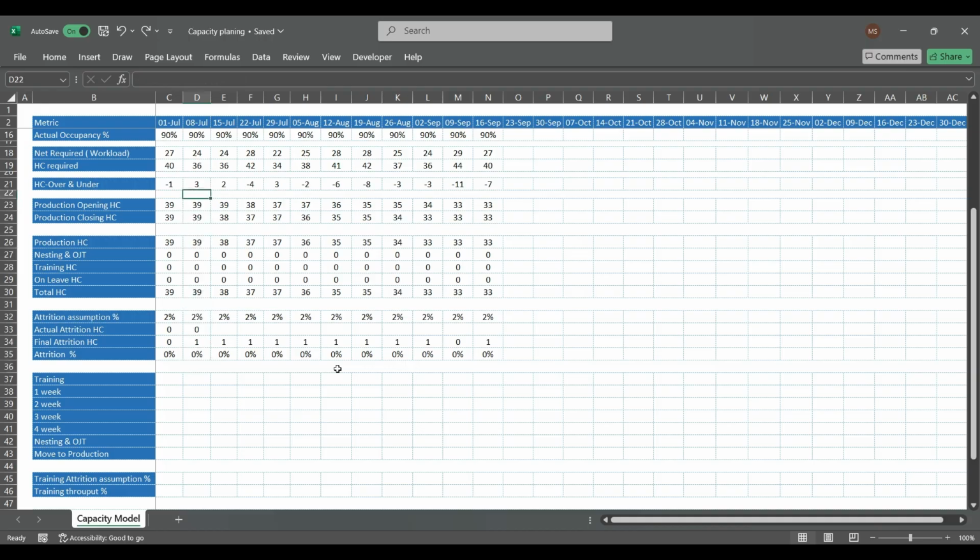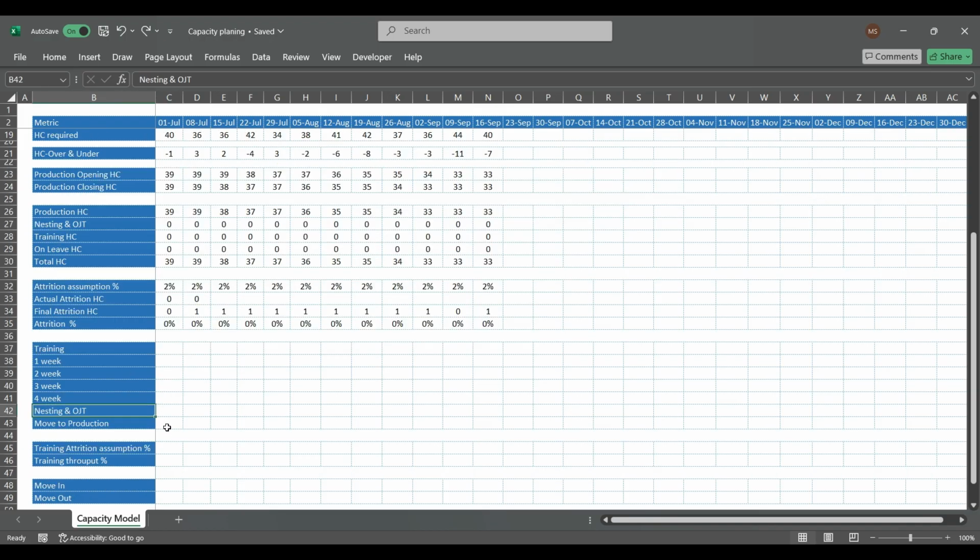Based on this, you can see that the negative value shows a lesser headcount, so we would need to plan on this basis. Here we have considered 4 weeks of training, 1 week of nesting or GT, and then after 6 weeks the associate will move on to production. Here we are showing 4 minus 3.